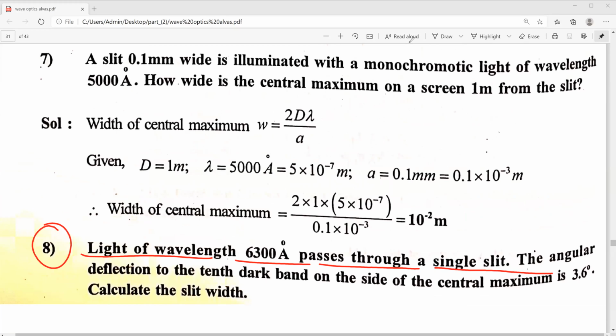The angular deflection to the 10th dark band on the side of the central maximum is 3.6 degrees. Calculate the slit width. So how to solve this one, the 8th one?